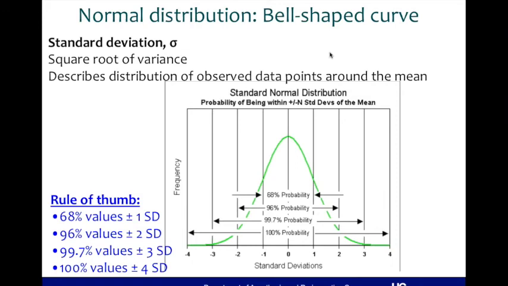And we can say that plus or minus one standard deviation will encompass about 68% of your observed values. So let's say the mean height of doctors in Palestine would be, I don't know, let's just say 68, 69 inches.